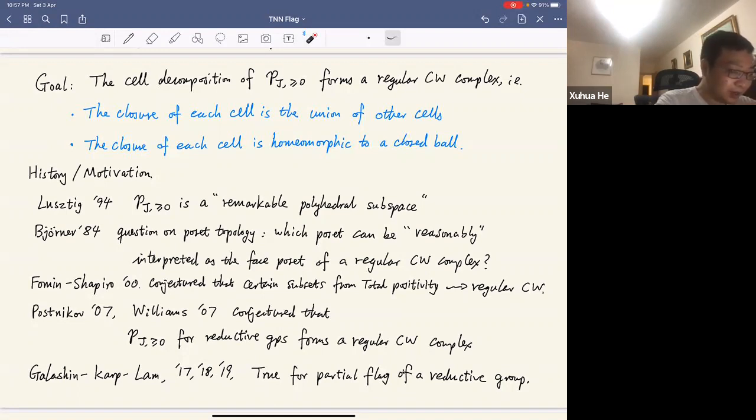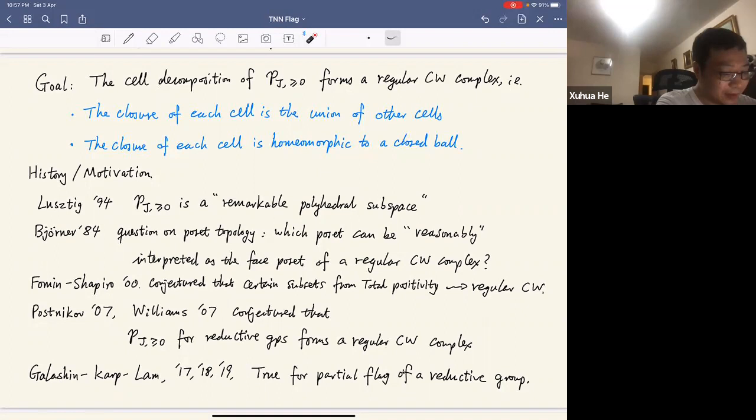Their conjecture was proved very recently in a series of papers by Galashin, Karp, Lam. They first proved it for the full flag and then the partial flag, and that each cell is homeomorphic to a closed ball.